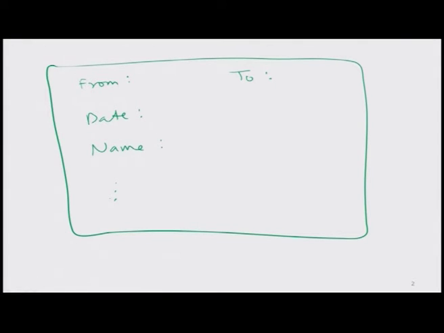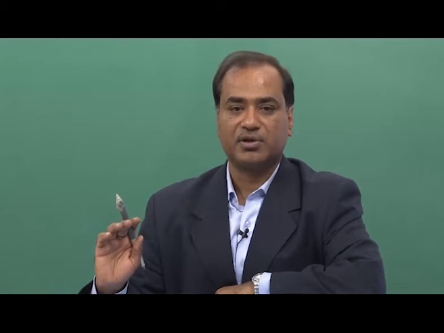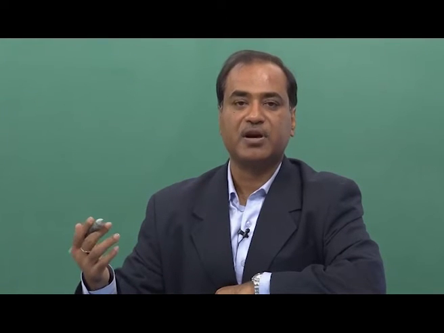This is already there in the ticket, and whenever someone goes to the ticket counter, they will ask the requirement: where do you want to go, on what date, what time, and the name of the passenger, and they will simply enter it in their computer, and finally they will take a printout.